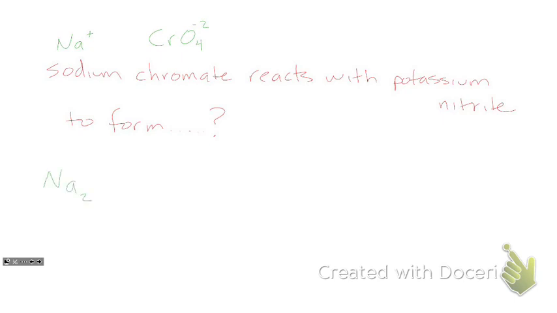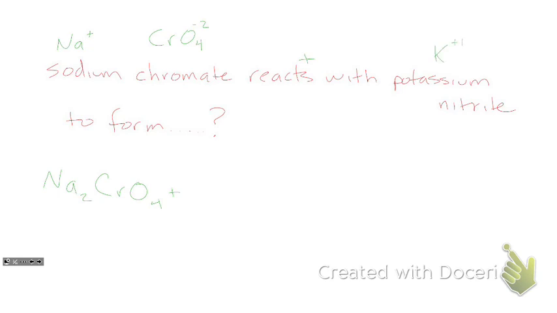So Na2CrO4 reacts with, so remember this is like putting in a plus sign, okay, reacts with potassium nitrite. So potassium, again, it's a group 1 metal, so it always has a charge of +1.